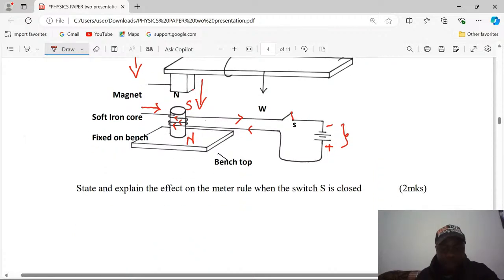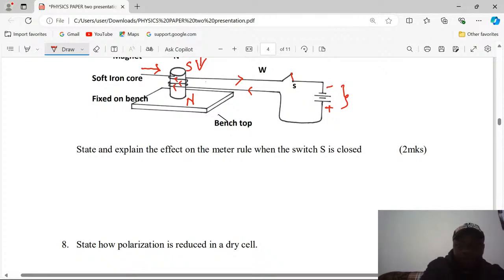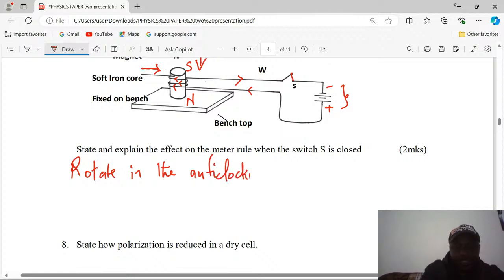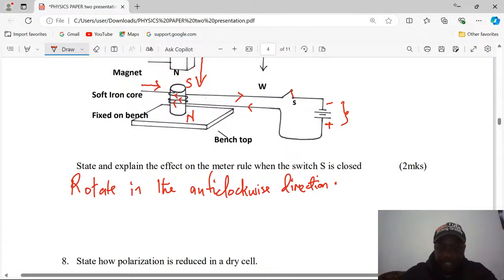State and explain the effect on the meter rule when the switch S is closed. It shall tilt or rotate. It shall rotate in the anti-clockwise direction, reason being the soft iron core is magnetized.